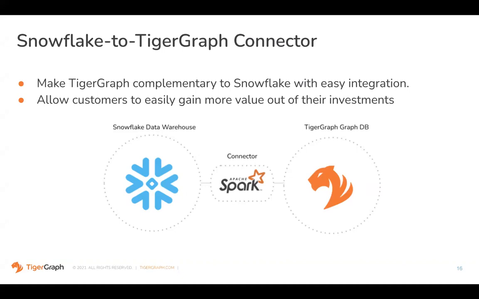At the end of the day, customers who want to gain more value out of their investments can bring these technologies together on a use case to use case basis. Our goal is to ease the integration pain with this connector, so that Snowflake users can easily move data from Snowflake to TigerGraph for advanced analytics.